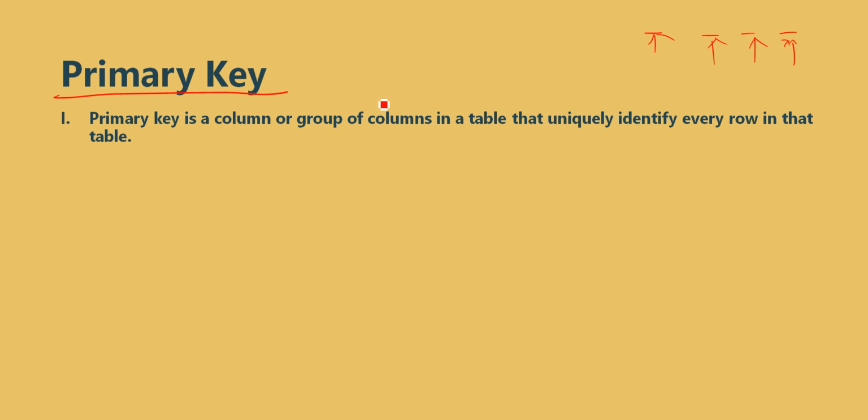Okay, now, primary key. Super keys are basically different columns, and it depends on us which column we are going to select as a primary key. A primary key is a column or a group of columns in a table that uniquely identifies every row in that table. We have just discussed the student ID, right? Is it possible to select name as a primary key?